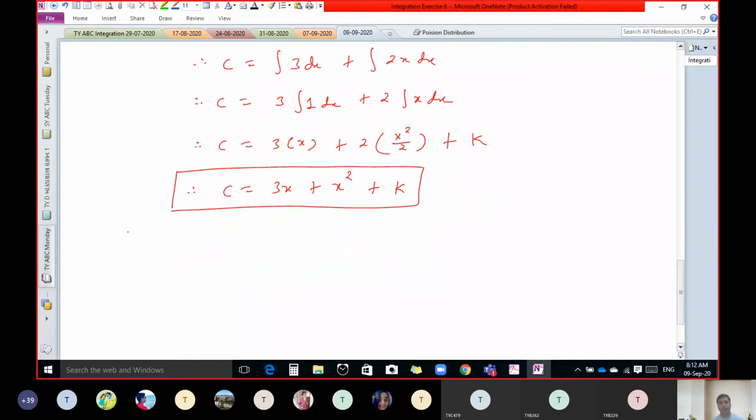Find out K, use the simple concept. If x equals 0, then total cost equals? Can you tell me, if x is 0, then what is our total cost? Just forget this function. Use the simple logic.